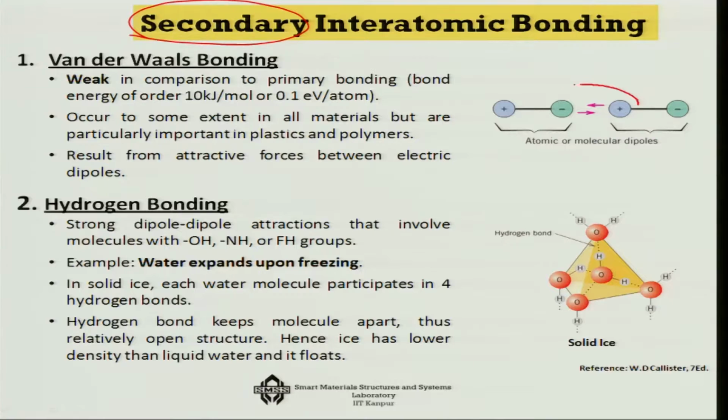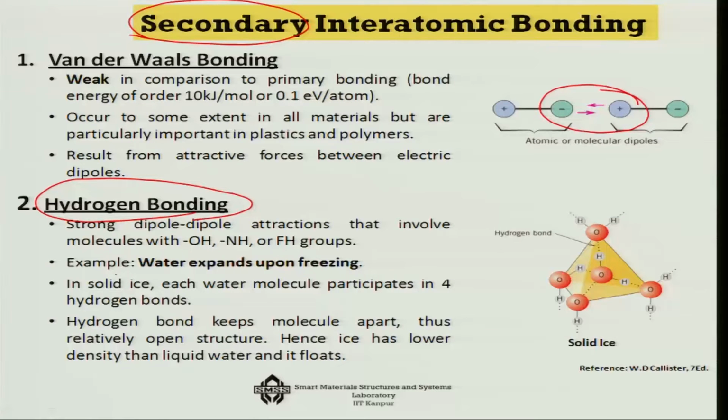So, there is a dipole-dipole interaction, positive and negative dipoles, which creates this van der Waals force. And if this specifically happens with respect to hydrogen, then it is known as hydrogen bonding, which has dipole-dipole interactions because of the hydrogen positive attracting the OH minuses or similar things.